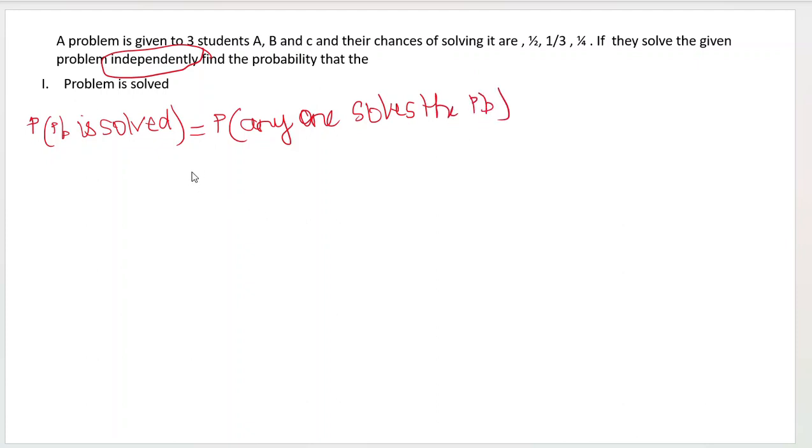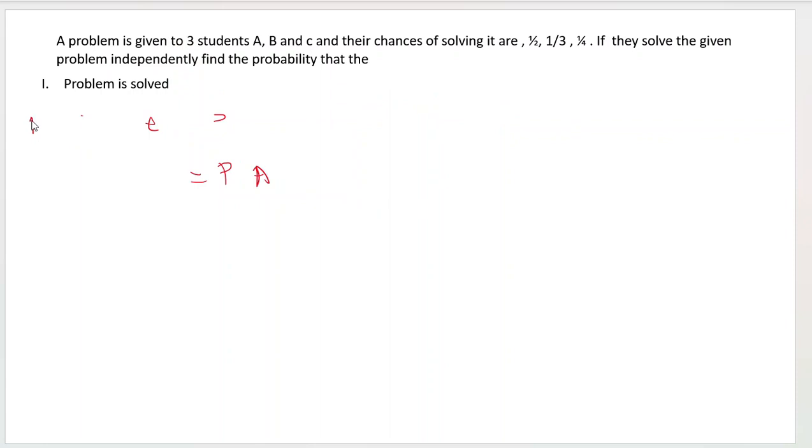This is same as saying probability that A solves. So the problem is solved.